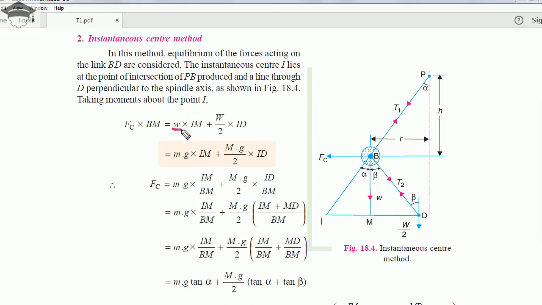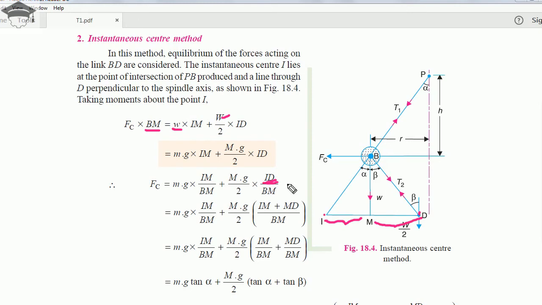We are substituting the value of small w and capital W, so small mg and capital Mg respectively, and then we are dividing throughout by BM. So Fc is equal to small mg into IM upon BM plus capital Mg by 2 into ID upon BM, and ID can be said to be the sum of IM plus MD.